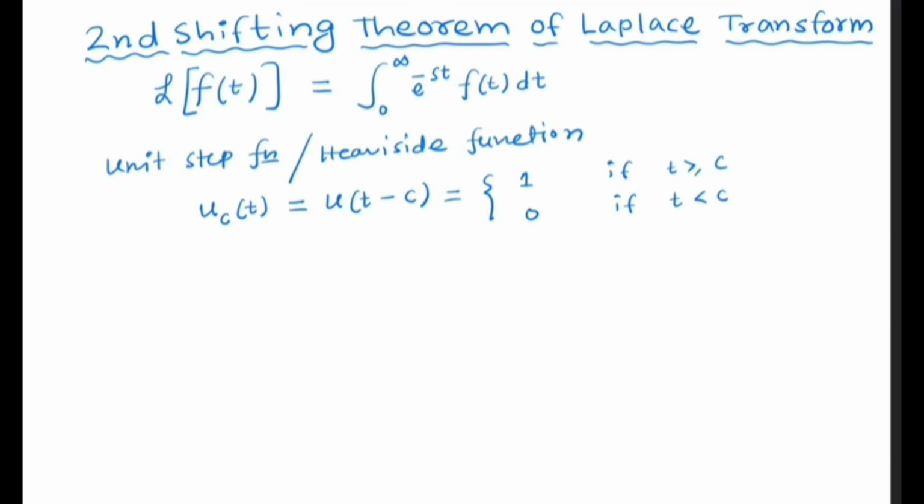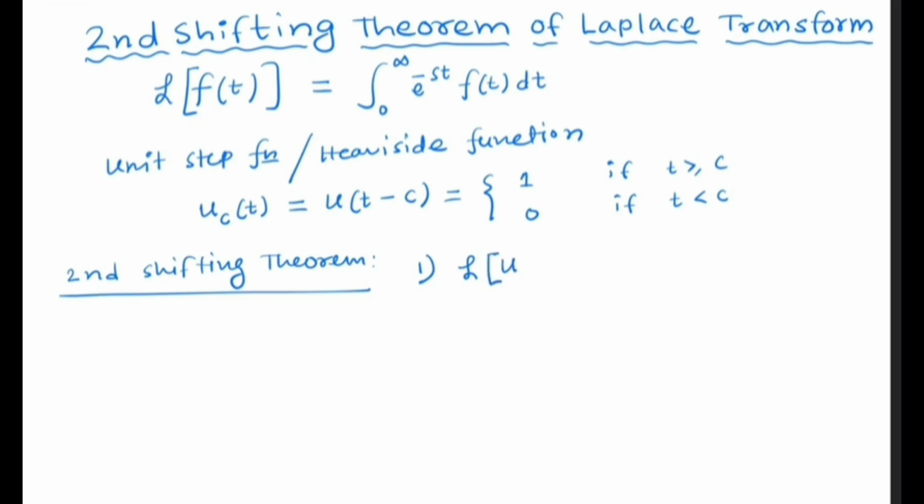So now let me state the second shifting theorem. The theorem has two forms. Both forms are equivalent. So let me write that. The first one is Laplace transformation of u of t minus c into g of t minus c is equal to e power minus cs times Laplace transformation of g of t.